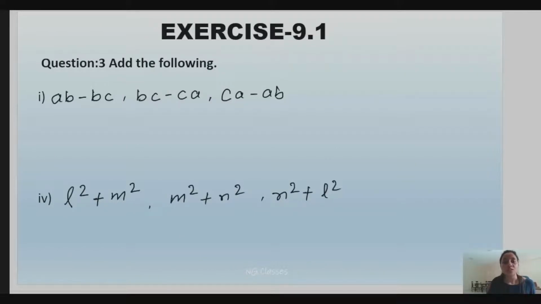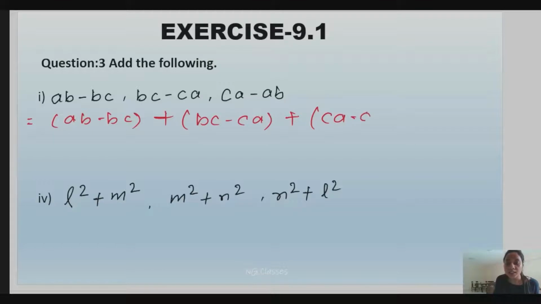So our question is, add the following. We have to do the addition of these 3 algebraic expressions. So add it: AB minus BC, plus BC minus CA, plus CA minus AB. Now open the bracket, it will be AB minus BC plus BC minus CA plus CA minus AB.